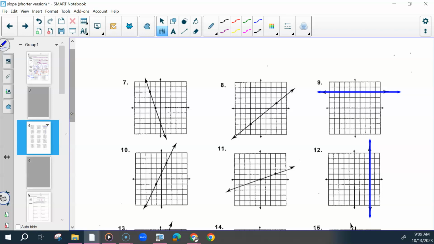And there are lines at 9 and 12. You may need to outline them. Is that what you said, Pat? 13.